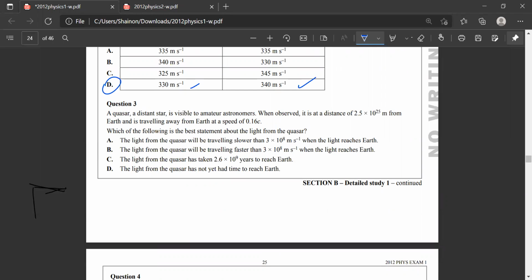The speed of light is always constant, so you can just take these options out. Light has not yet had time to reach, we need to find that out.